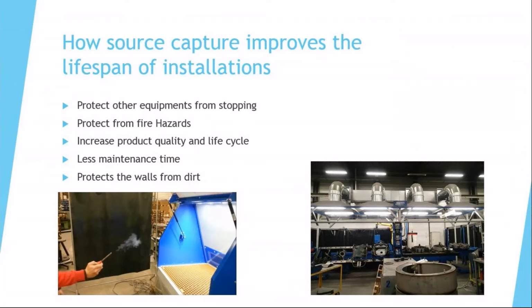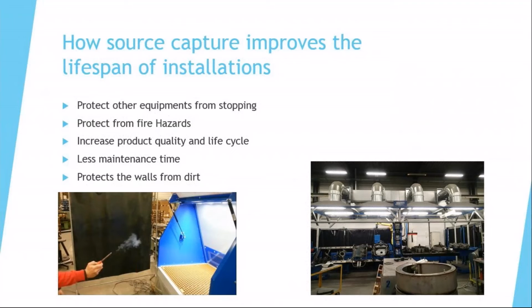It also improves the lifespan of your installations, protecting the other equipment from stopping because of dust contamination, and protecting your other equipment from fire hazards. It will increase the product's quality and the life cycle of your other equipment and the downdraft table.